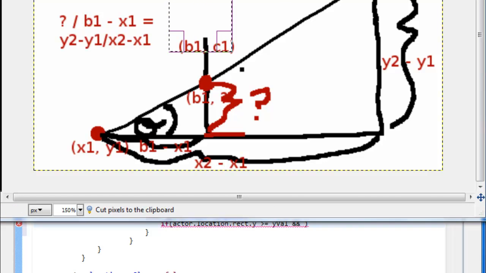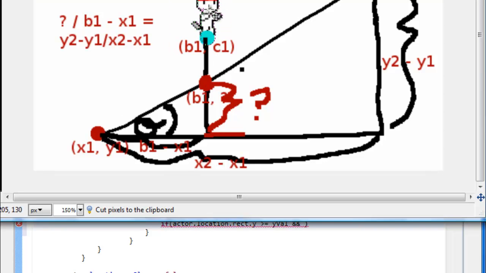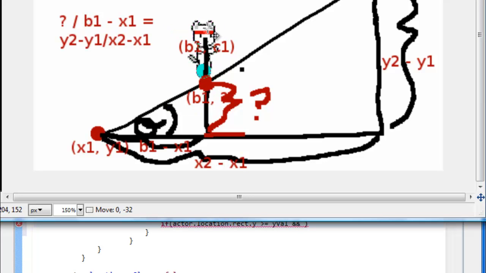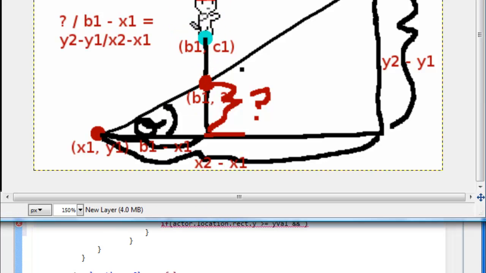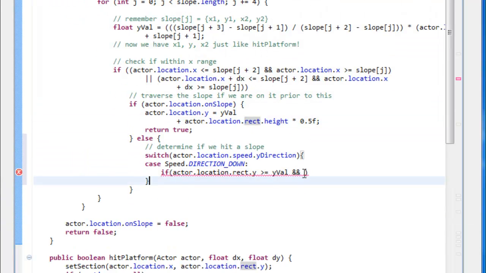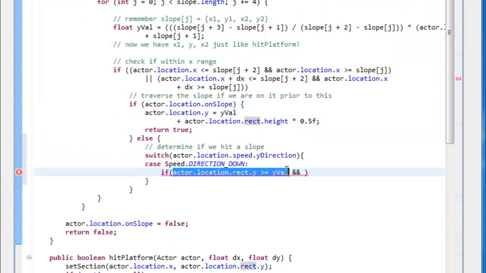Is it in here? Yep. So the initial position of the feet of our actor, and if the final position goes below this y val that we computed, then we hit a slope. And this equal sign is crucial, so don't forget it.